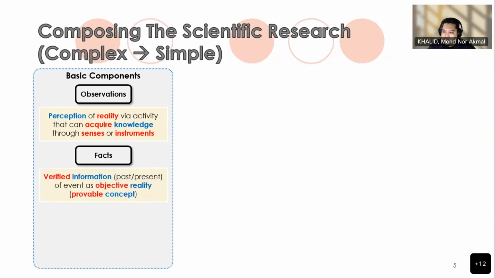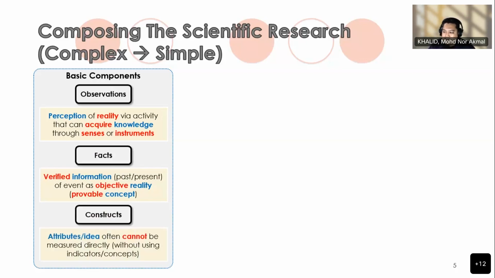Then we have what we call facts. A fact is verified information of the past and present that people have already proved previously, usually from your literature review and other past work. And then the construct, usually the idea that you are currently trying to turn into new facts and new knowledge.